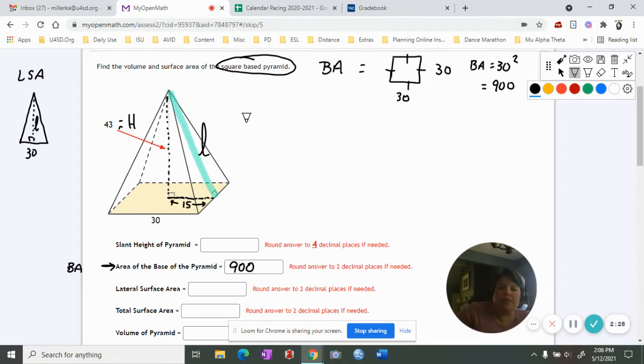Now I'm going to use the Pythagorean theorem to find my slant height. It's always a squared plus our height squared equals the slant height squared. So my 15 squared plus 43 squared equals the slant height squared.